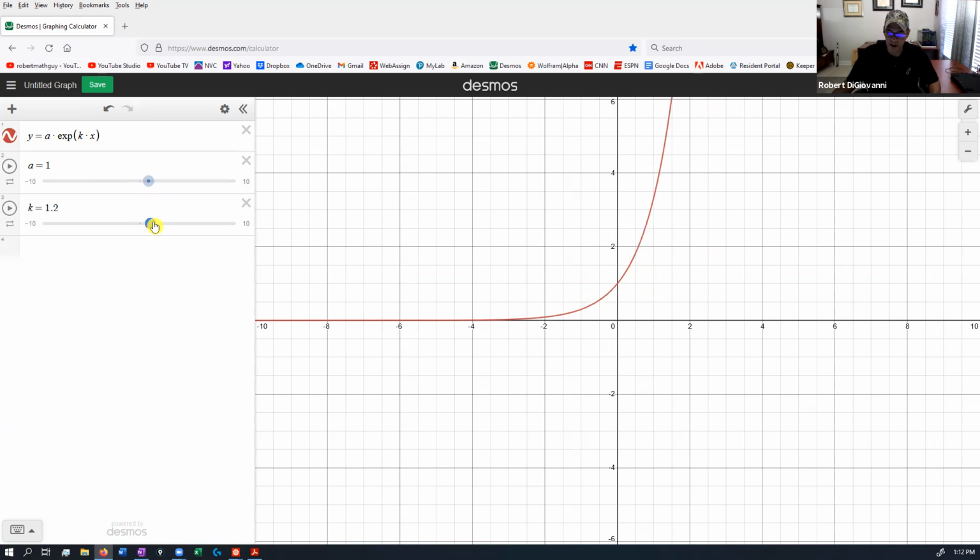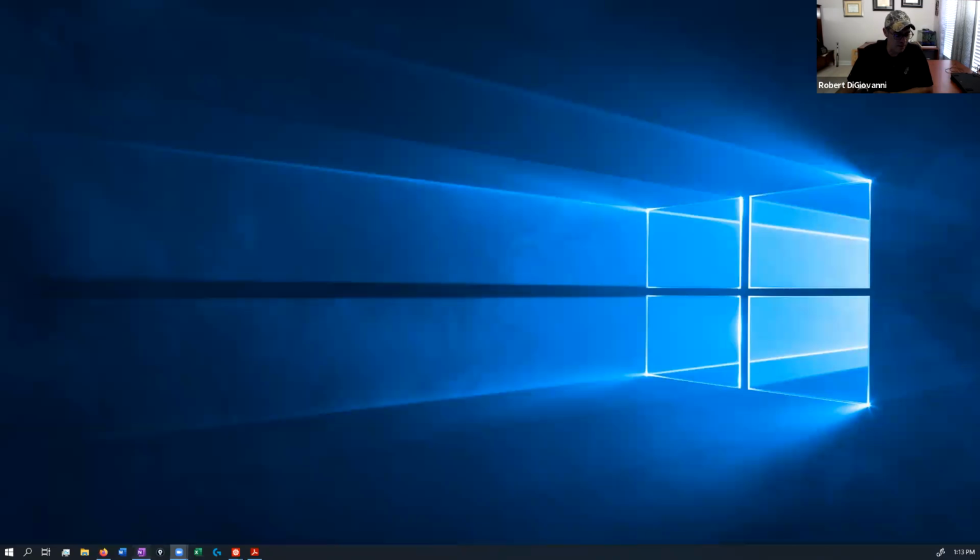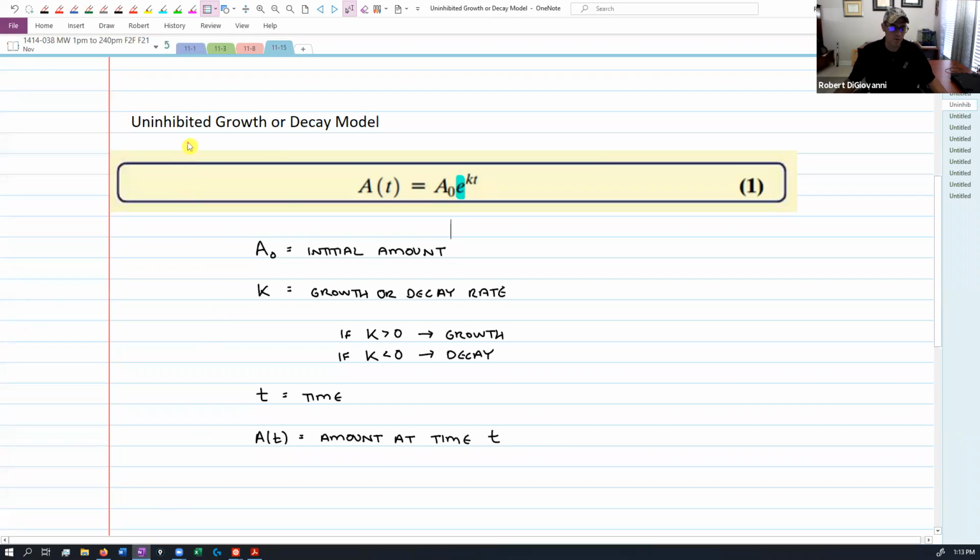If I adjust the k, watch what happens. It gets steeper, and if I let k go negative, it flips over to exponential decay. So if k is positive, we have growth. If k is negative, we have decay. The a is just a stretch. It stretches it vertically, or it could reflect it over the x-axis. We've seen things like reflections and stretching in the past, and we're going to use that to model this thing called uninhibited growth.